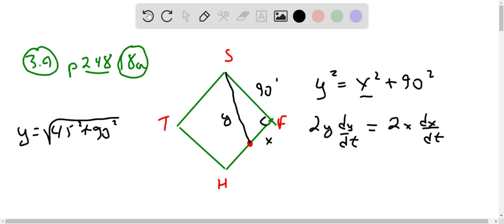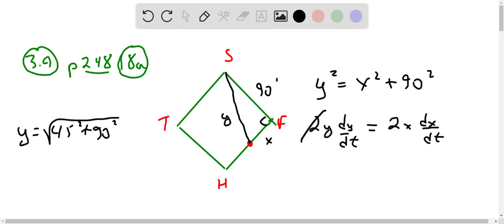Alrighty, so we got Y. We need dy dt. We have X, at this moment 45 feet, and X prime, at this moment 24 feet per second going toward F, meaning X is decreasing, so negative 24 feet per second.